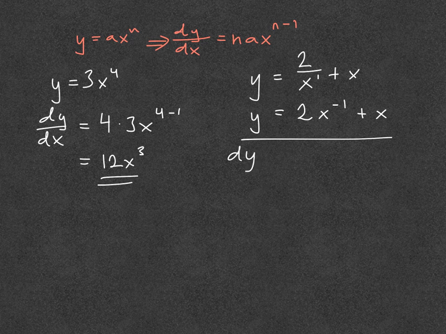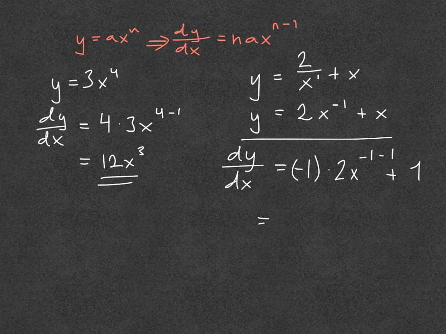If we want to differentiate this, dy dx equals negative 1 multiplied with 2x to the power of minus 1 minus 1 plus x. Now the derivative of x is just going to be 1. You can apply the formula and check.